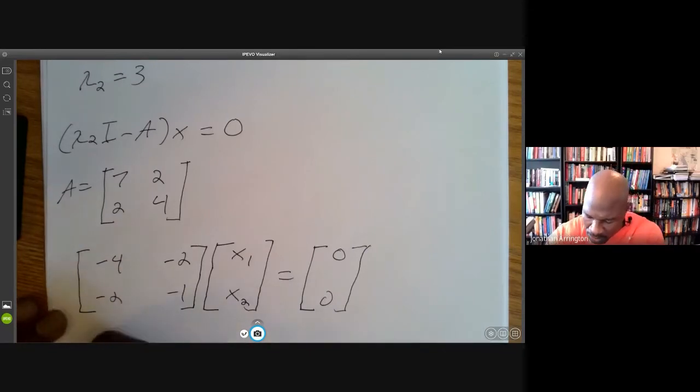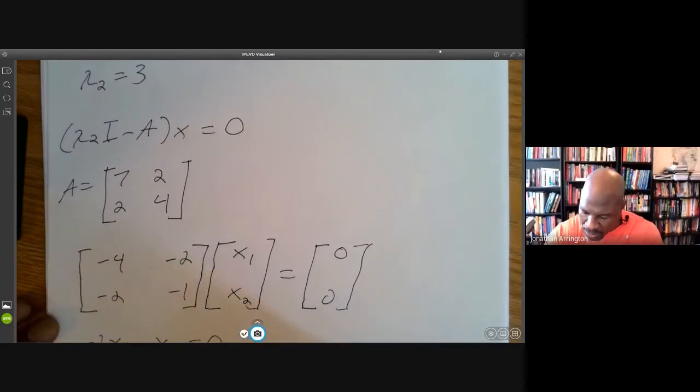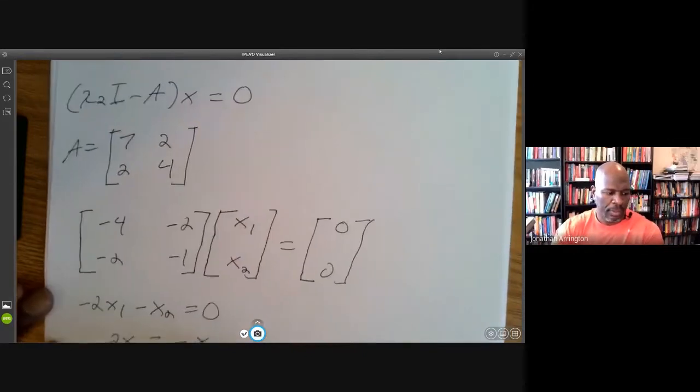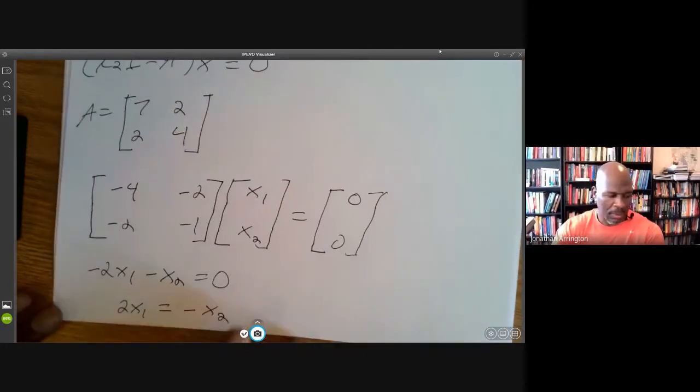So it would be negative 2 x1 minus x2 equals 0, or 2x1 equals negative x2. So we have 2x1 equals negative x2.